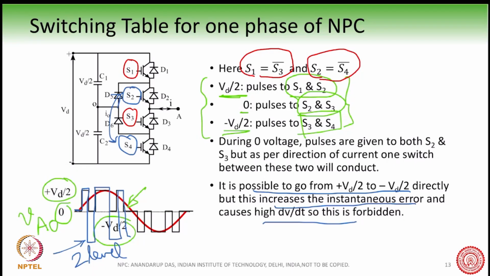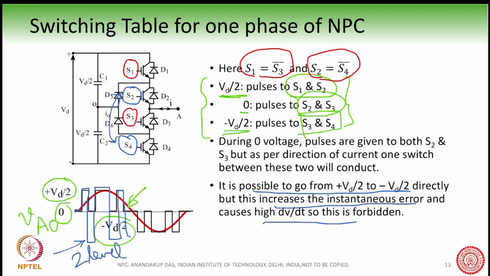So when we switch the three-level NPC, we do not go from plus to minus or minus to plus. Okay, we always go from plus Vd by 2 to 0, or we go from 0 to minus Vd by 2. Direct transition from plus voltage to minus voltage is avoided in NPC. Especially this is true because in many of these applications, we are talking about high voltages, high DC links, and going from plus to minus causes a huge dV/dt.